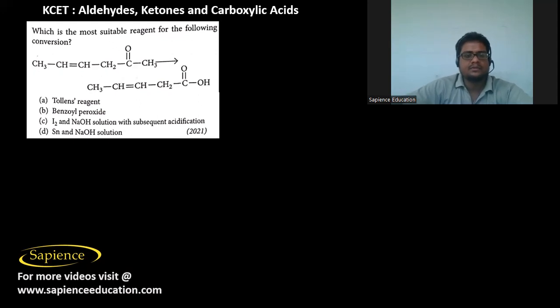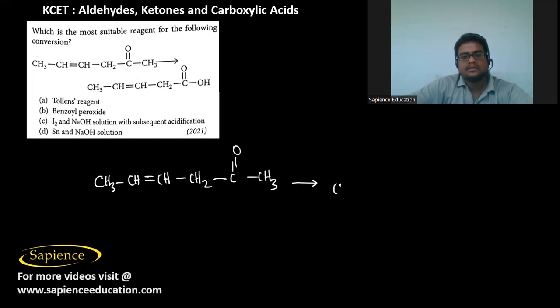Then, which is the most suitable reagent for the following conversion? So here it is told CH3CH2COCH3 is converted into CH3CH2CH2COOH. So simply it means that this methyl group should be replaced with OH group.